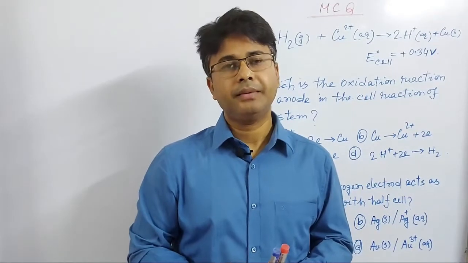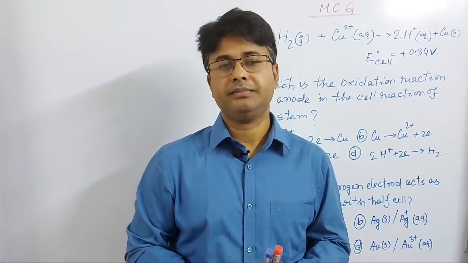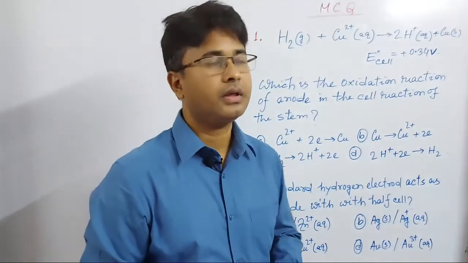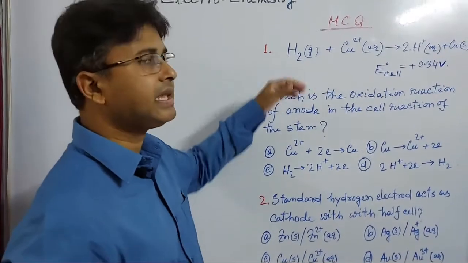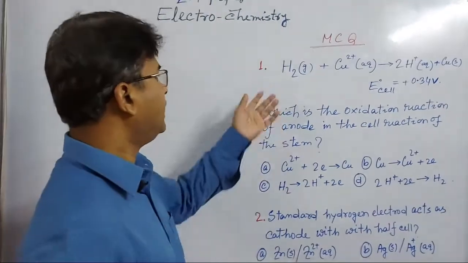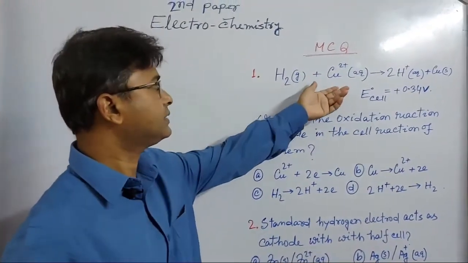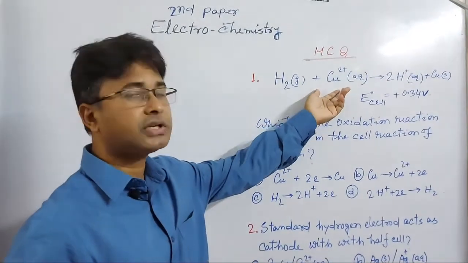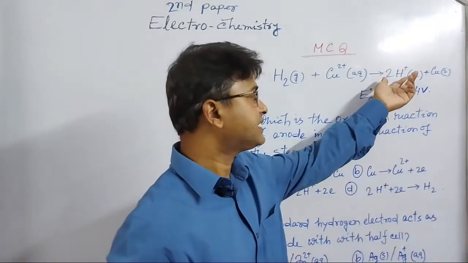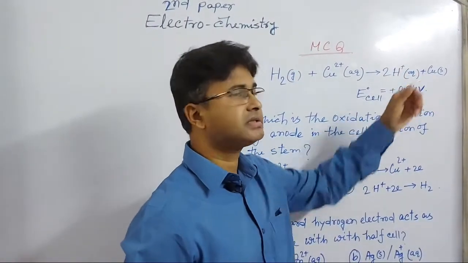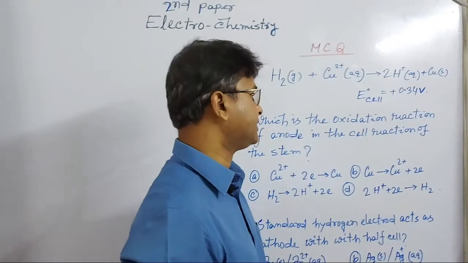Today I am going to teach you some MCQ of electrochemistry. Look at the whiteboard. Here a cell reaction is given. Hydrogen gas reacts with aqueous solution of copper 2 plus ion to produce aqueous H plus ion and solid copper metal.